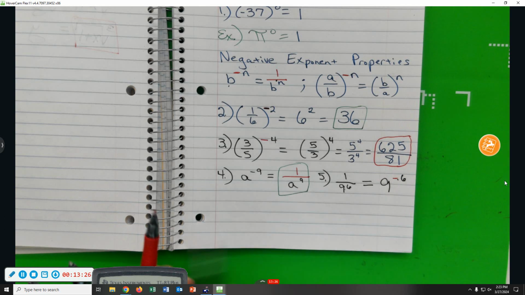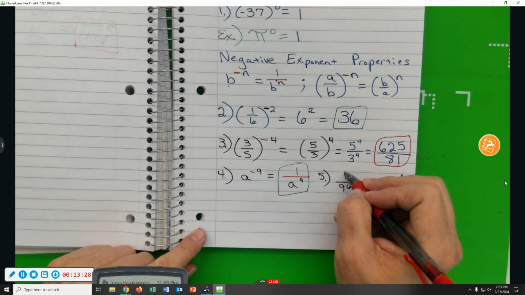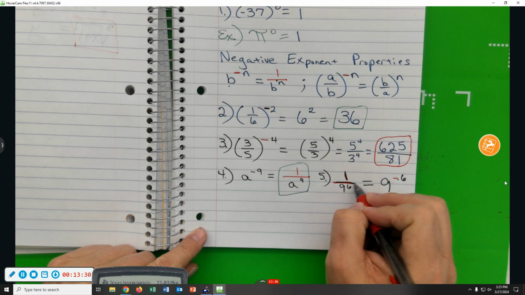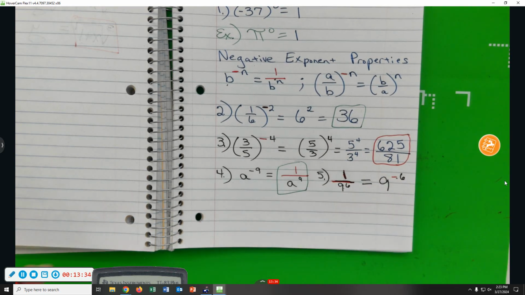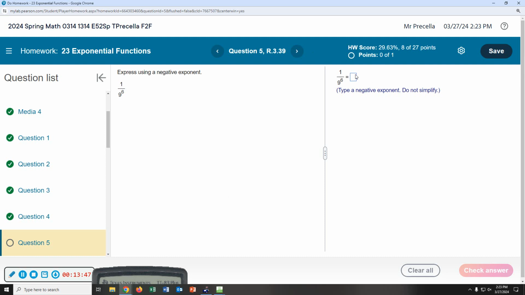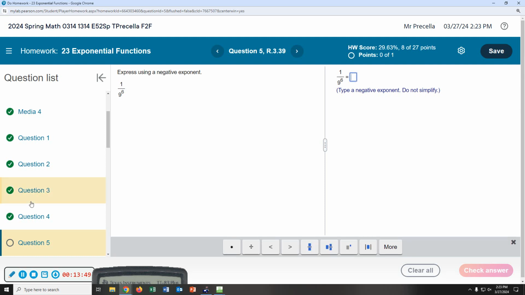That negative is taking the place of the 1 over. That red negative exponent means 1 over. I tried to make it red. Any questions there? Let me type that in. That's 9 to the negative 6.